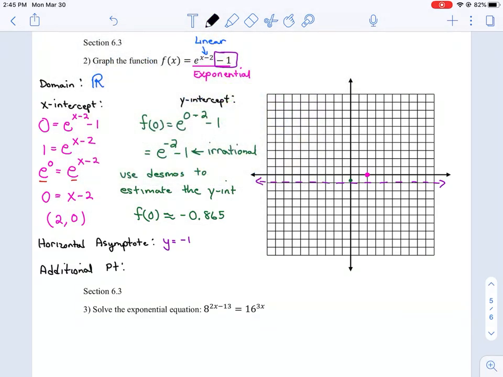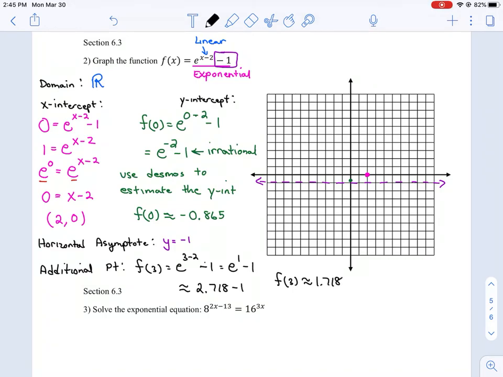Now we're going to find an additional point. You could pick any value of x you like. I'm going to pick 3. And the reason why I'm going to pick x is equal to 3 is because when you take 3 and subtract 2, that's e to the first power. And we know that e to the first power is approximately 2.718.